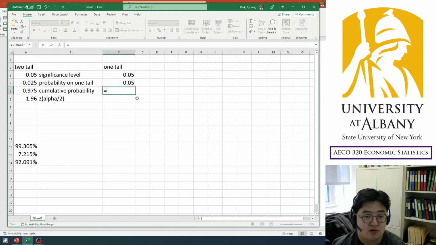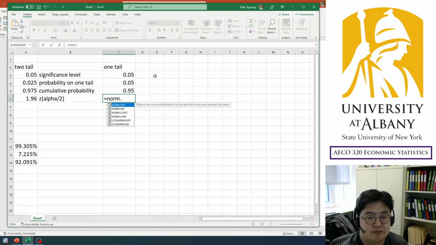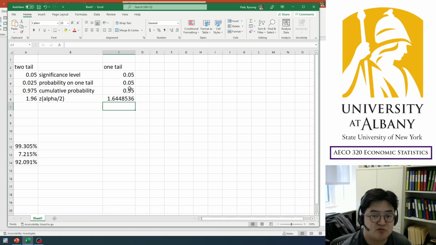The other step is the same. We change this to the cumulative probability by taking 1 minus the probability, and then we take the normal distribution inverse. Then you will get this number.